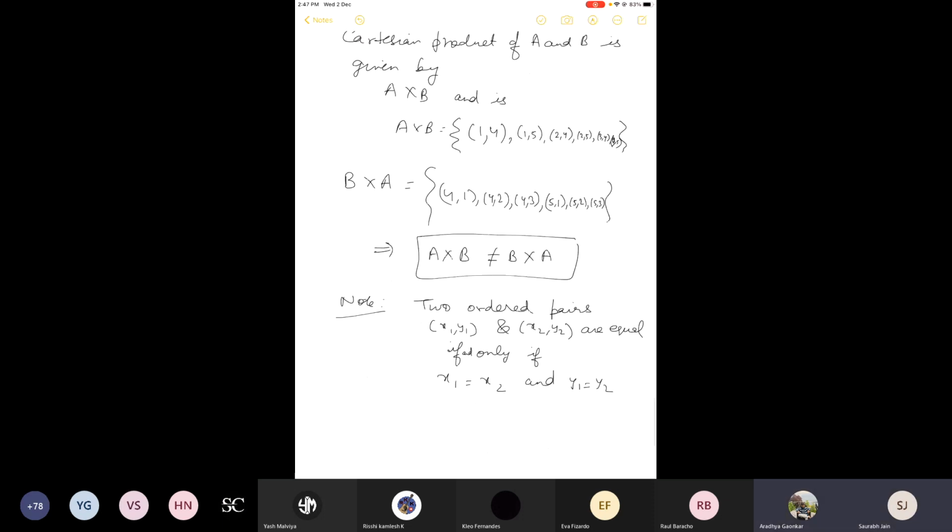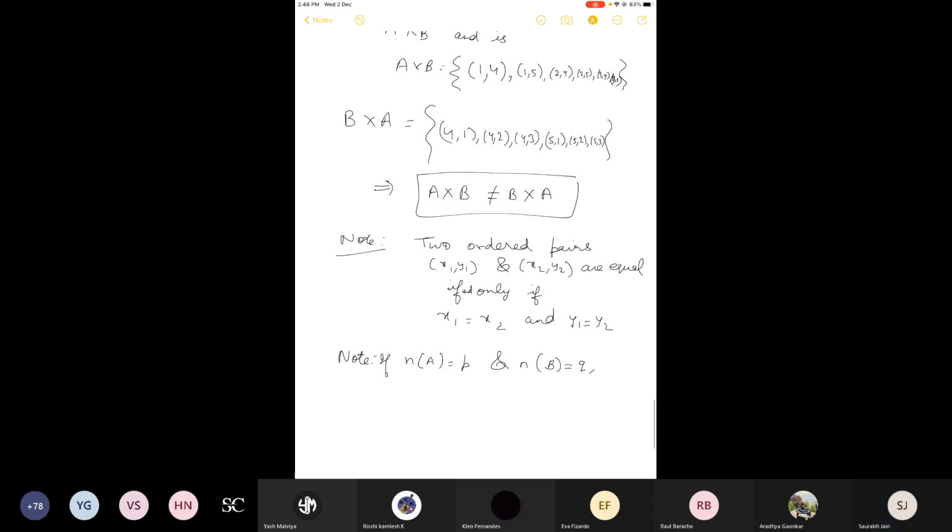So here they write one more important thing. If the number of elements in A is, let's say, P, and the number of elements in set B is Q, then n(A cross B) is equal to P into Q. What is this?